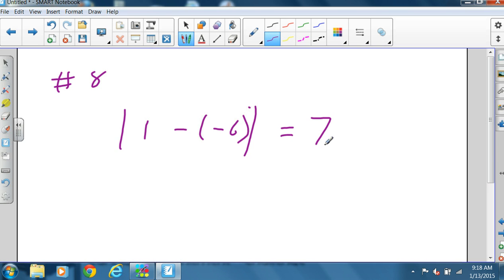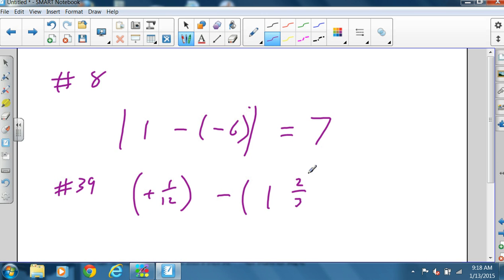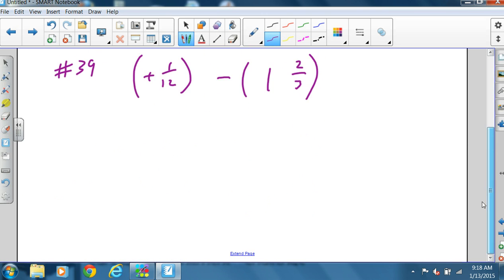Okay, so does that answer that question? All right. Number 39. All right, so I've got plus 1/12. What's the plus sign there for? Just to distract the student. Minus 1 2/3. Now, our 8th grade instructor would have told us that our common denominator is a 12, so we're going to go get it, right?